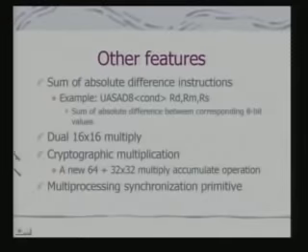There are other features, such as the sum of absolute difference instruction. Okay, this is again an example of SIMD. Here I have got 32 bits. So what I shall be doing? I shall be subtracting individual bytes, the corresponding bytes of the registers, and the absolute differences would be summed up.